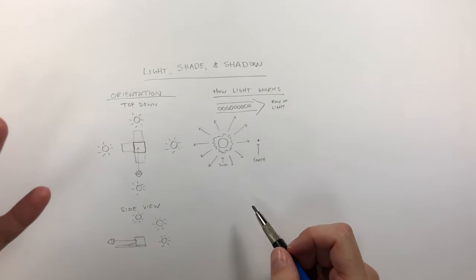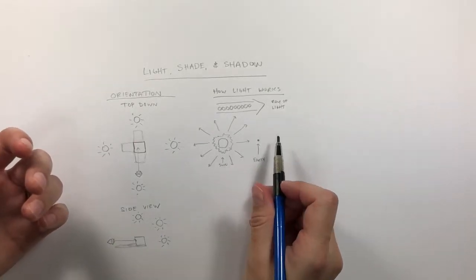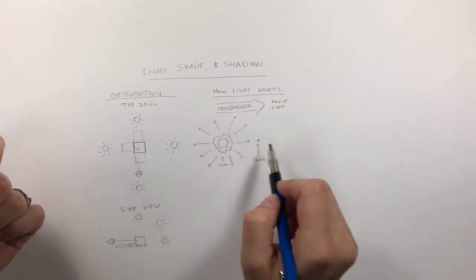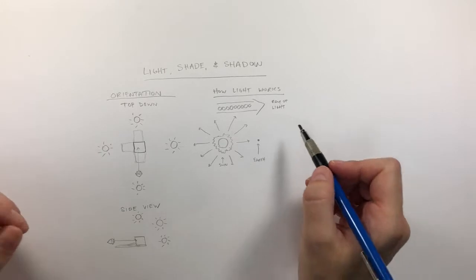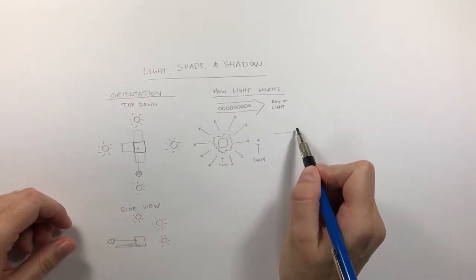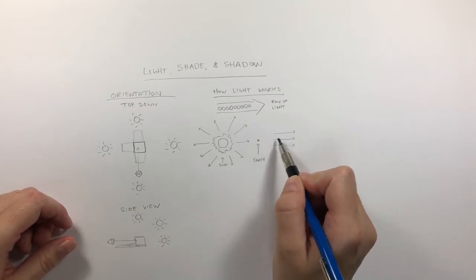The important thing is that when the sun hits us, because we are so far away, even though all these lights are coming out at different angles, by the time it gets to us, it looks like all these rays of light are coming in parallel.